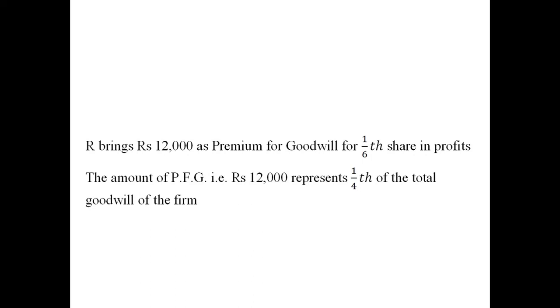So this 1/4, this fraction, is for the amount of goodwill, whereas this 1/6 is the share of goodwill. So this 1/6 and 1/4 are both separate. This 1/4 is for the amount of goodwill and this 1/6 is for the amount of capital. Remember this.